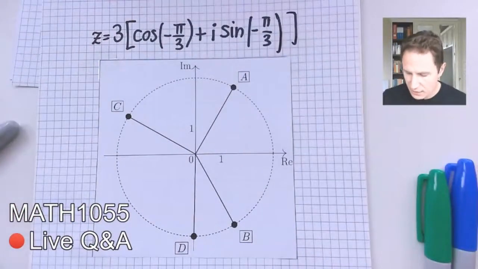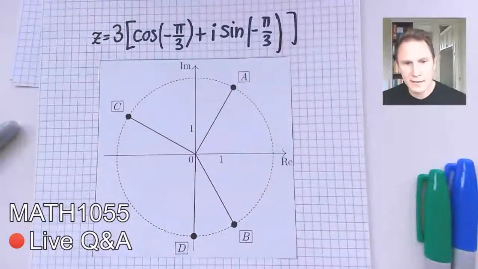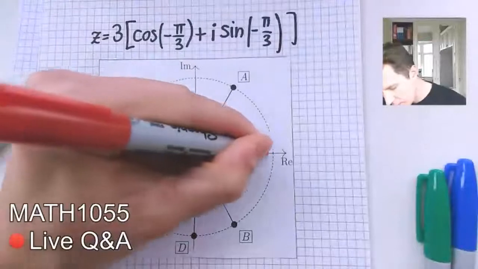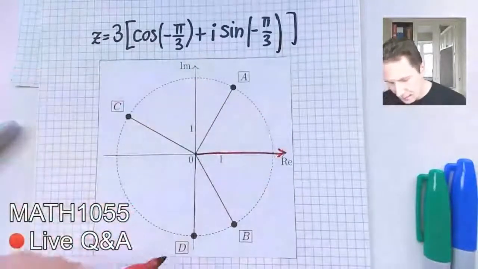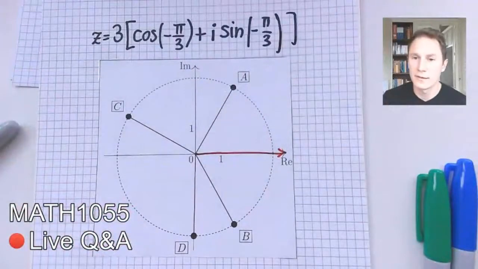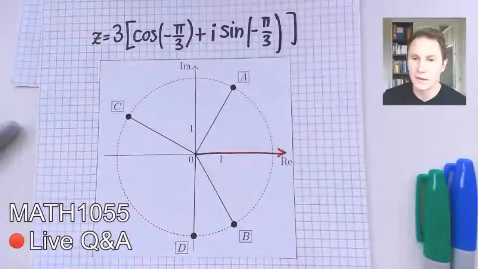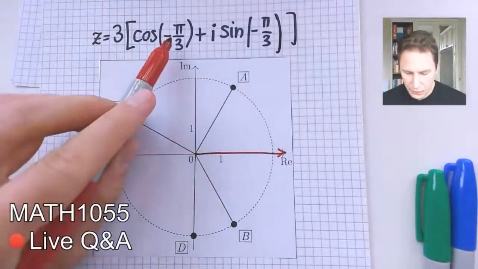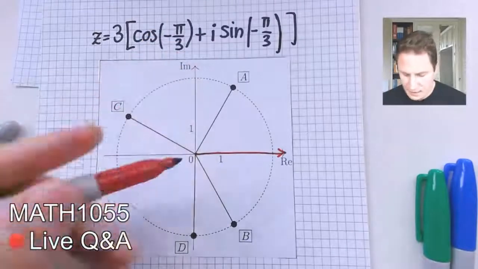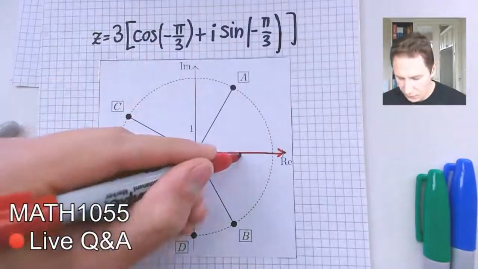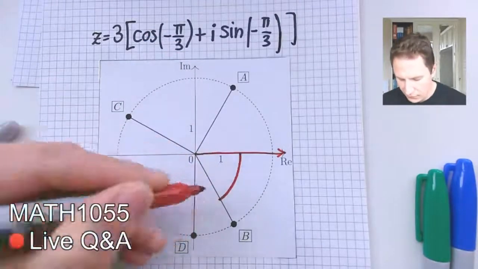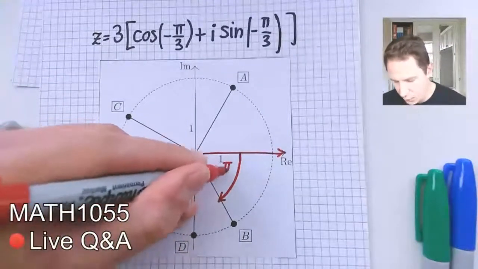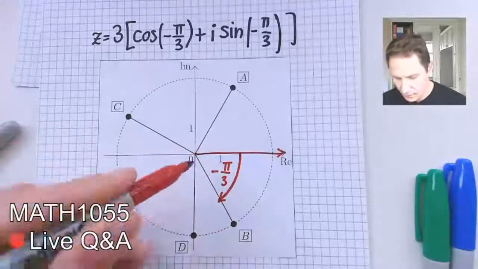The way we measure these angles is we take the positive real axis and the vector connecting the origin with our point representing the complex number. So if you want to measure out negative 60 degrees, that means we go down 60 degrees in that direction. So that's minus pi over 3 radians.